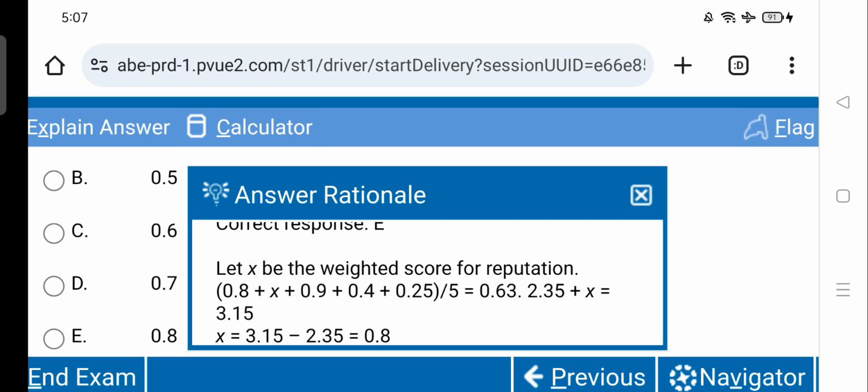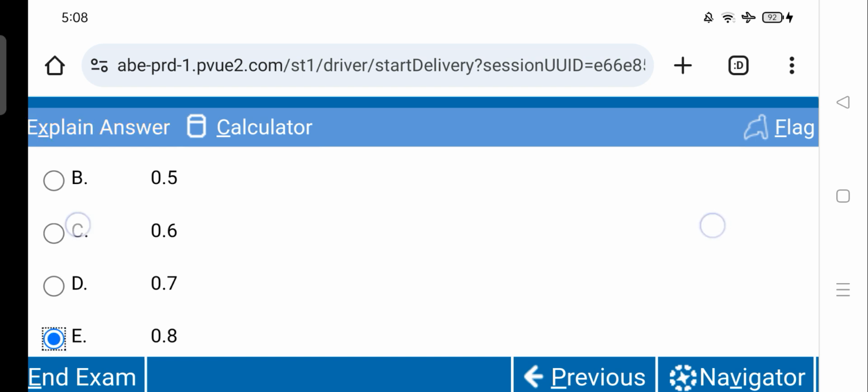That 0.8 plus X plus 0.9 plus 0.4 plus 0.25 divided by 5 equals 0.63. So 2.35 plus X equals 3.15, and X equals 3.15 minus 2.35 equals 0.8.